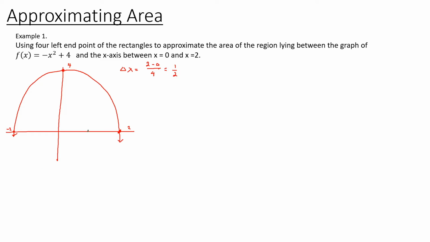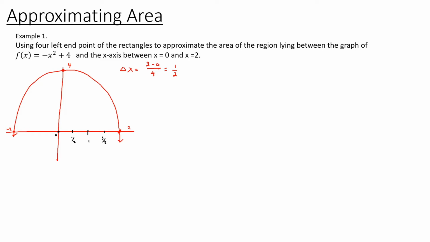So let's say we have 1 here, we have 1/2, and 3 over 2. And you're starting from 0. And you can see this will be your width, and this will be the width of your rectangles.